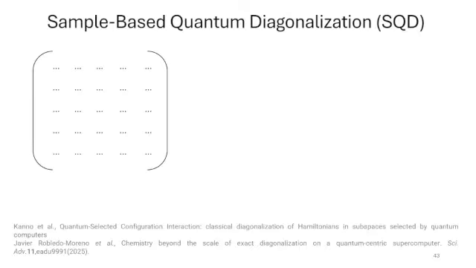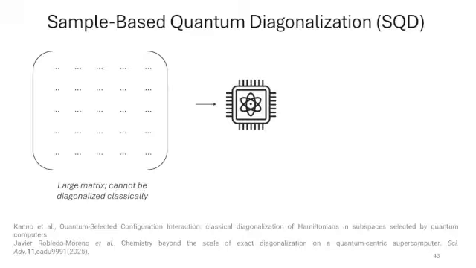It's not something that we can do for bigger systems, even if we try to use a supercomputer or some better processors. So if we can't diagonalize the whole matrix, what do we want to do? We want to implement a diagonalization strategy, but we can't do it on the full matrix. The idea of sample-based quantum diagonalization is to use a quantum computer, but not to create a variational optimization loop.